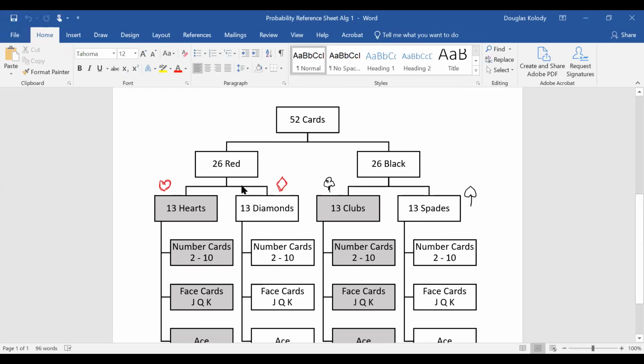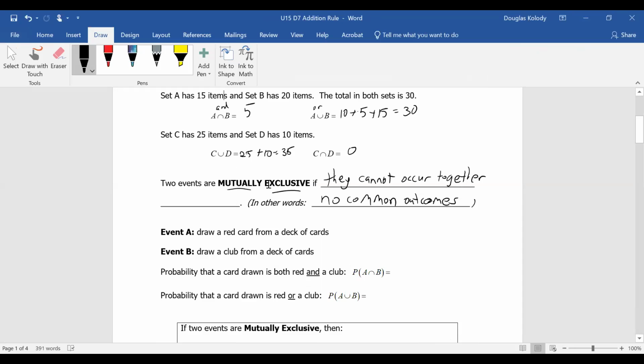So red cards are hearts and diamonds. Clubs are black cards. Can a card be both a club and a red card at the same time? Absolutely not. So those are called mutually exclusive events. Being a club and being a red card are mutually exclusive events because a single card cannot be both red and a club at the same time.